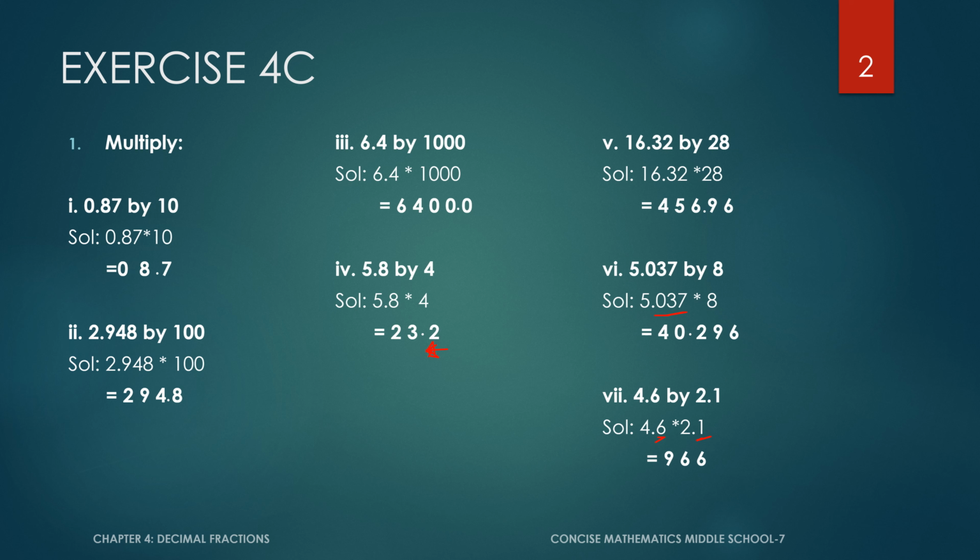Right? So total 1 plus 1 is 2. 2 places, right? So even here, just imagine the point after the 6 over here and move the point 2 places. That is, you will get it as 9.66.